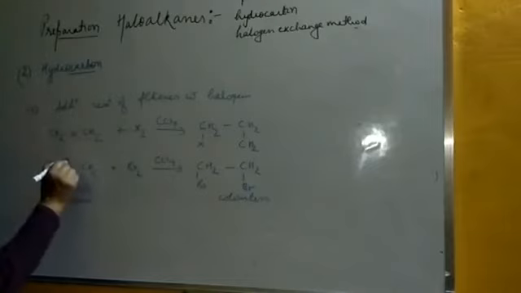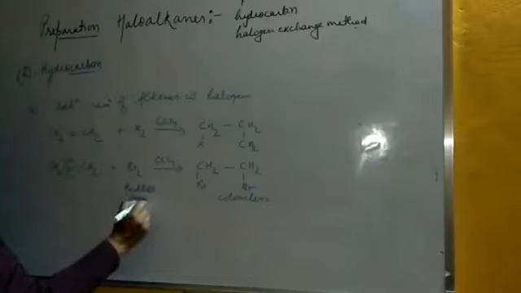The reddish brown color of the bromine water gets discharged when it reacts with an alkene. So this is the confirmatory test for the presence of a double bond in a hydrocarbon.